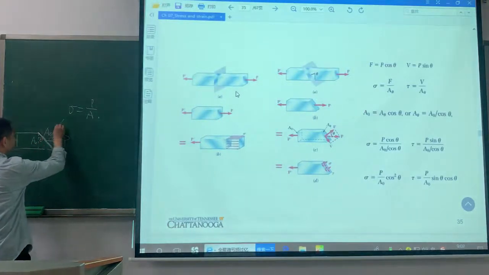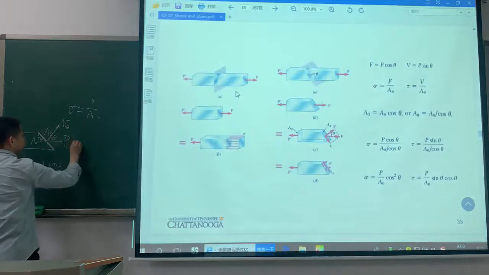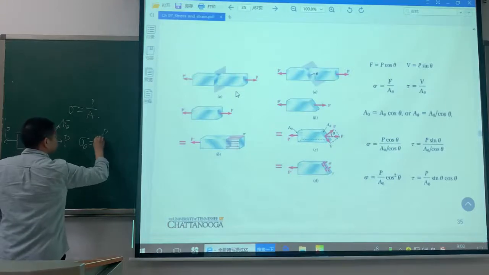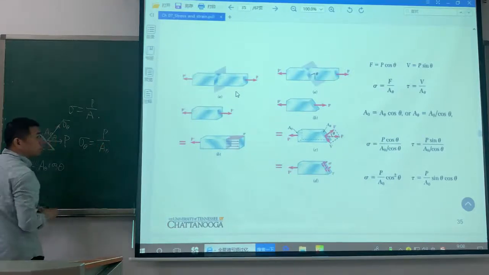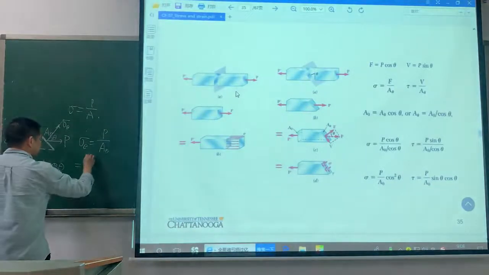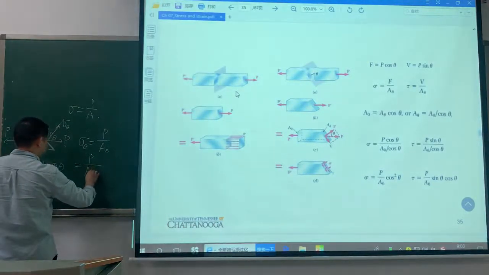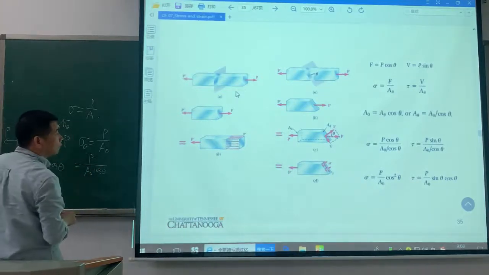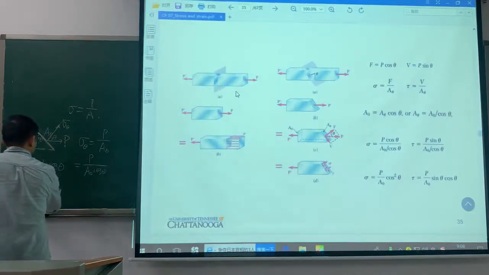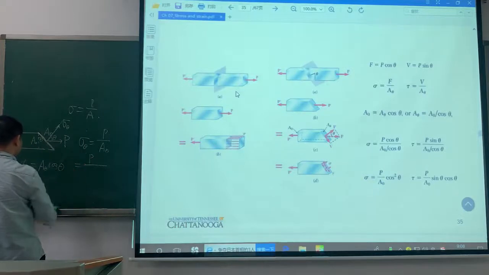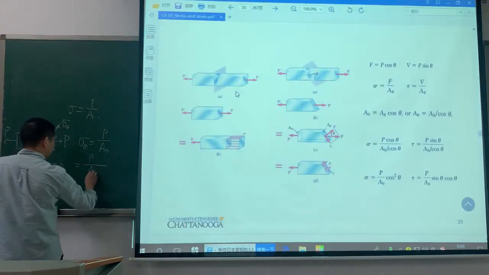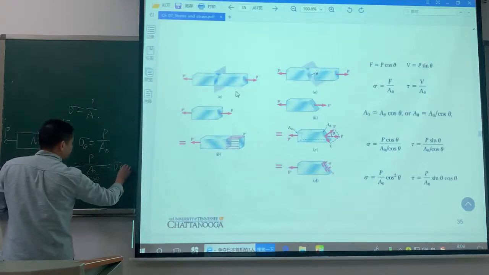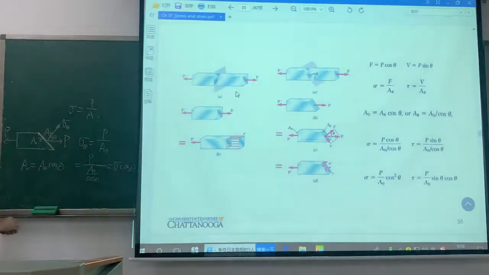The normal stress sigma theta is P over A theta. So it is P over A0 over cosine theta, which equals sigma cosine theta.